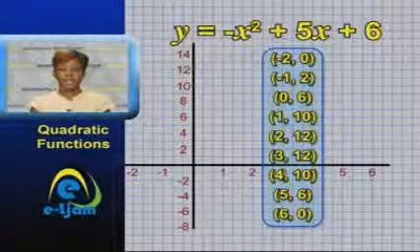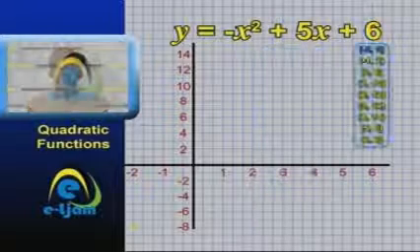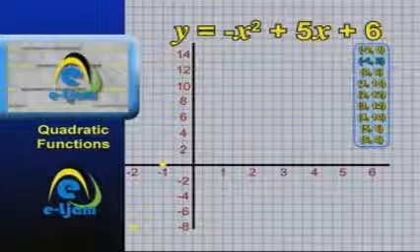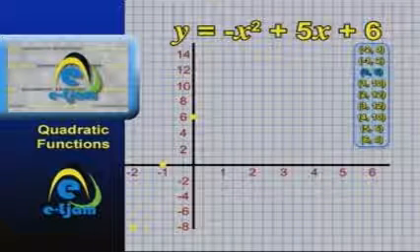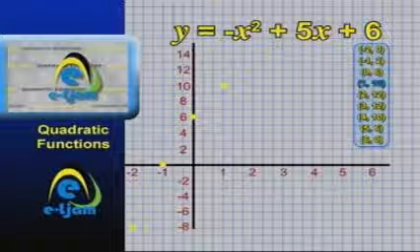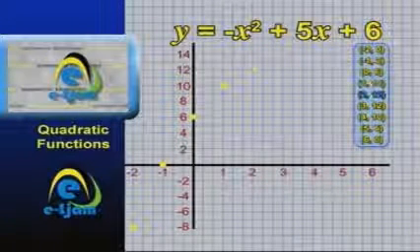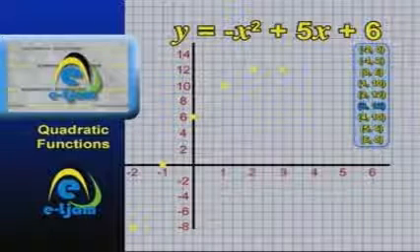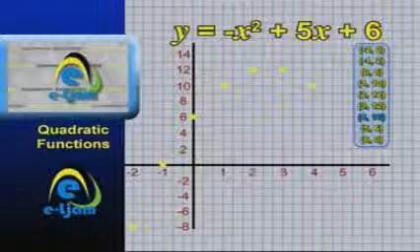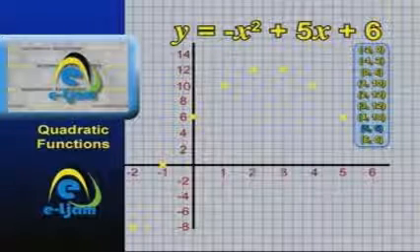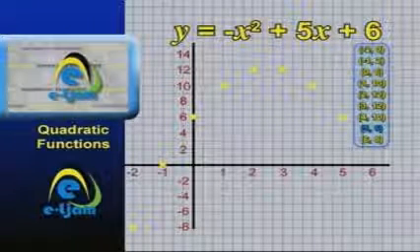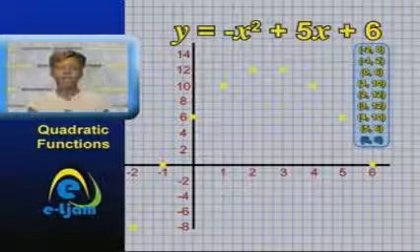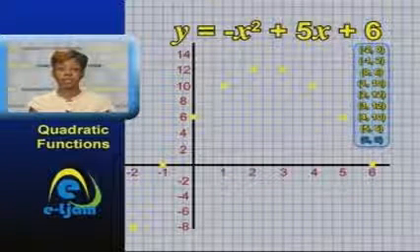We take these coordinates and plot them on the graph. Points should form a parabola.